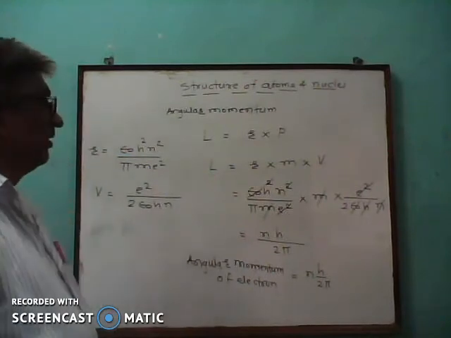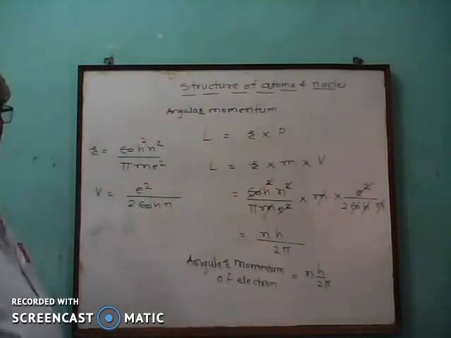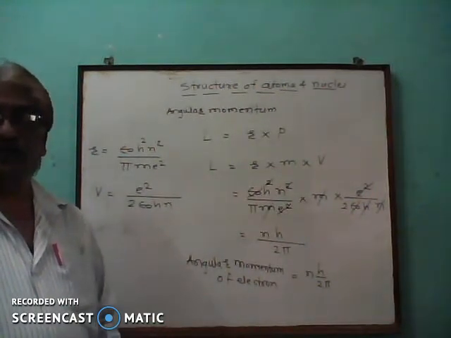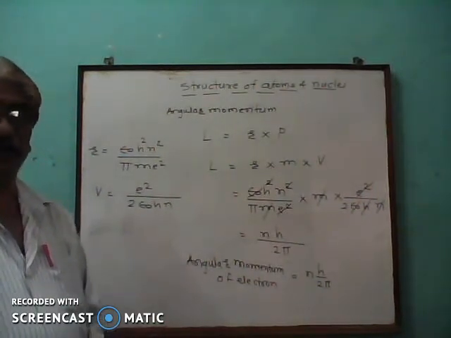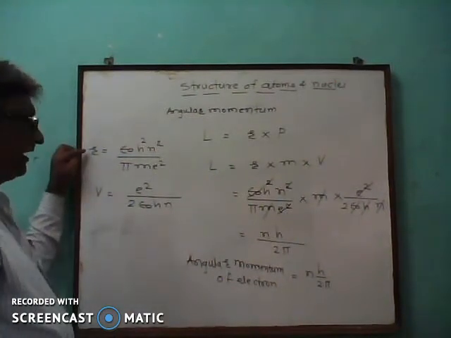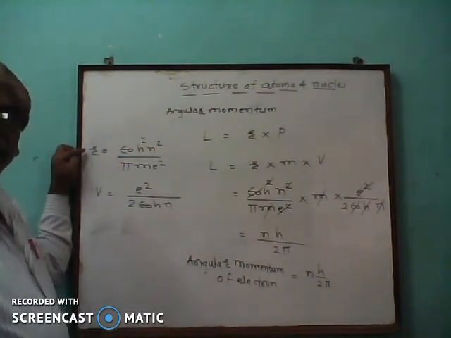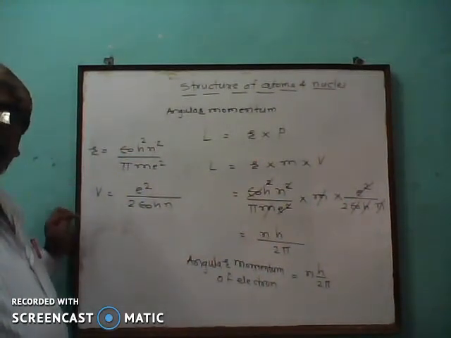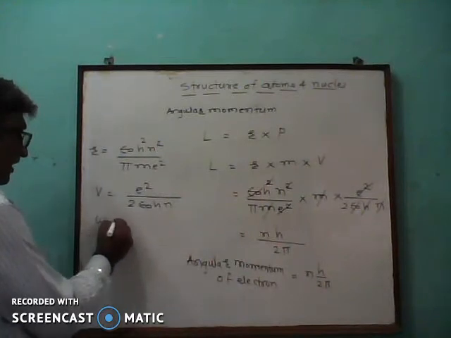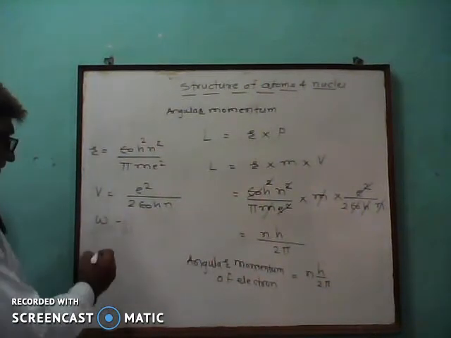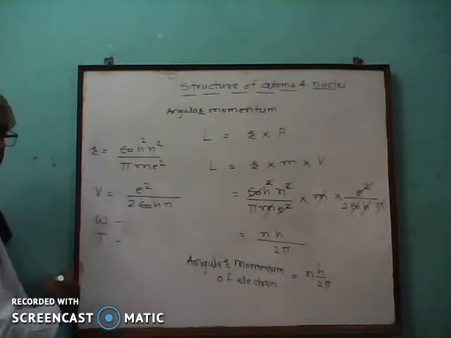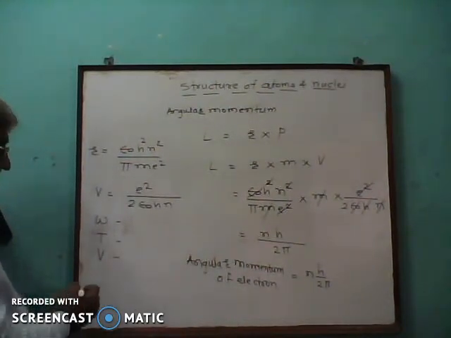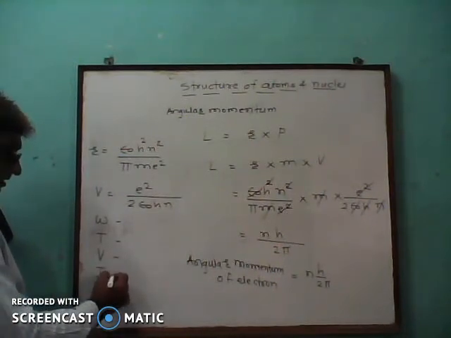Also, we can remember these values. Number 1, radius of orbit. Number 2, velocity of electron. Number 3, angular velocity of electron. Number 4, time period of electron. Number 5, frequency of electron. Number 6, current of electron.